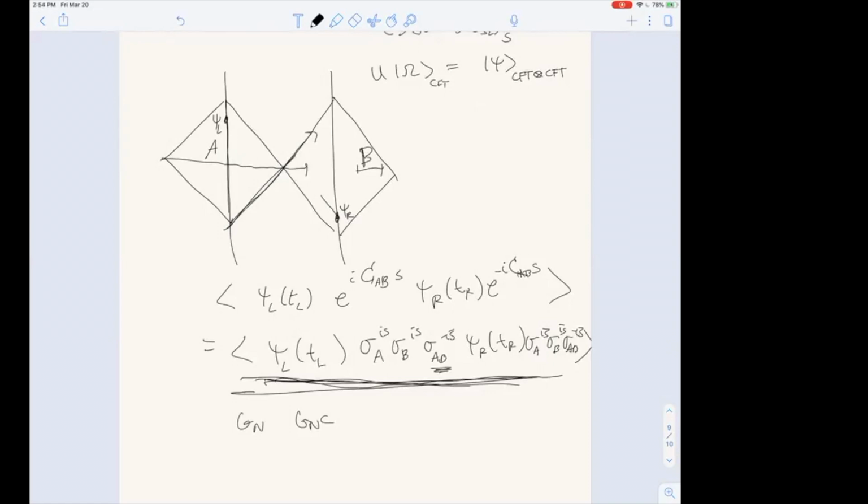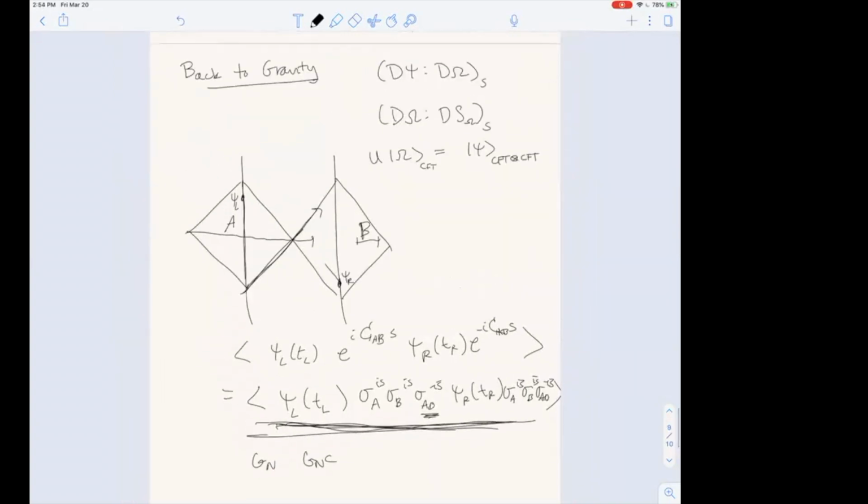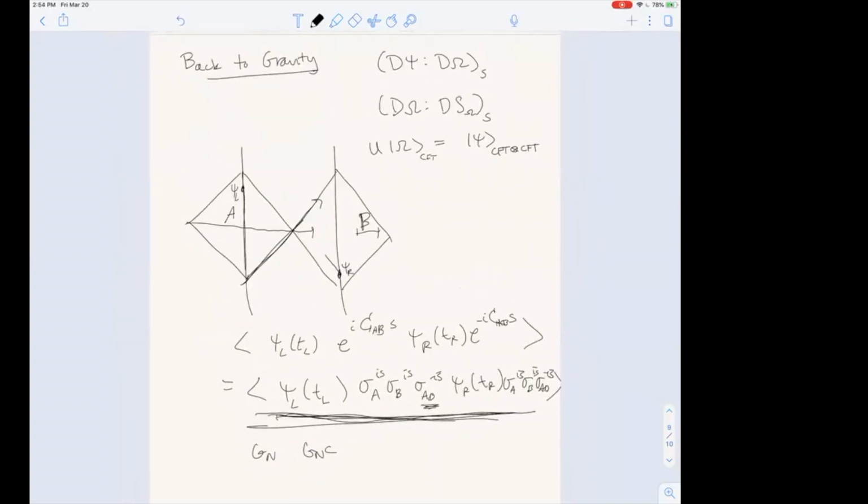I say this as another way of trying to understand the bulk dual of these states, and this is something you could try to do, which is compute this out-of-time-ordered correlator explicitly. Okay.